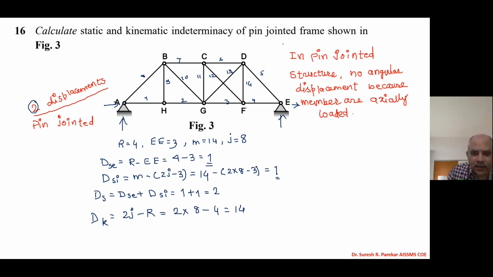In last we will see we have 8 into 2, sorry, 8 into 2 we have, this is wrong, we have 8 into 2, 16 minus 4, and this value is 12 because I have calculated and I have this value as 12. This is question number 16.